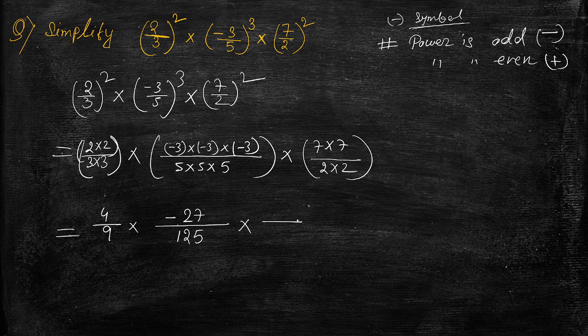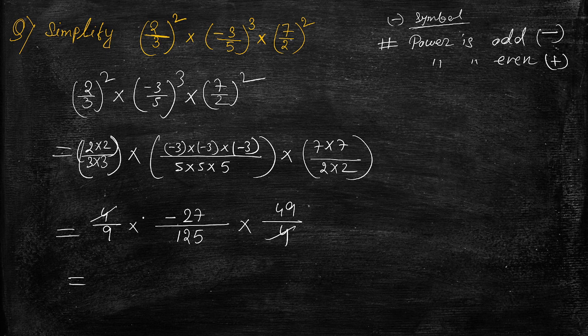Multiply. 7 into 7, 49, 2 into 2, 4. Now what we need to do: if there is any cancellation, we can go for cancellation, and if we can't, then we just simply multiply. So 4 and 4 cancel out.